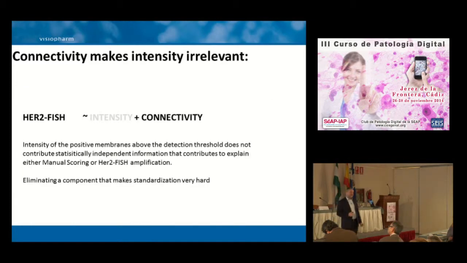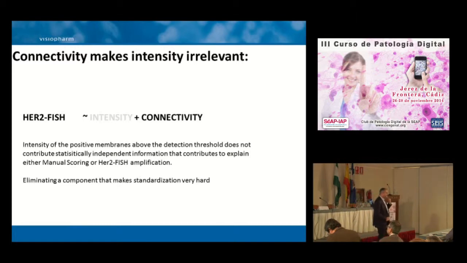Well, it turns out that when we correlated in a multiple regression model intensity and connectivity, this size distribution is what we call connectivity, and it's a generalized membrane completeness. Then we did a multiple regression where we said we have both intensity and connectivity, and we wanted to predict HER2 FISH.